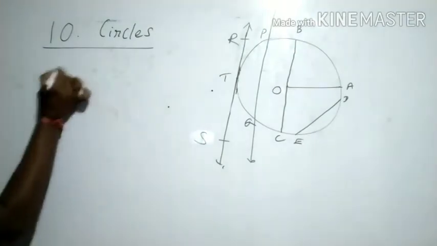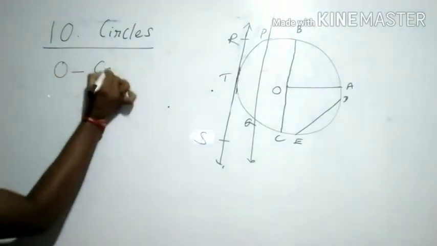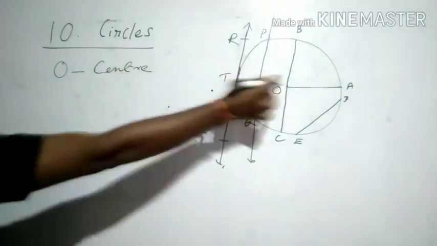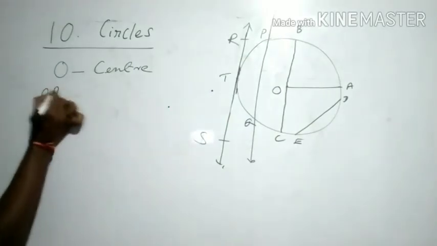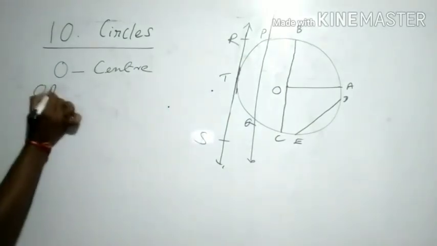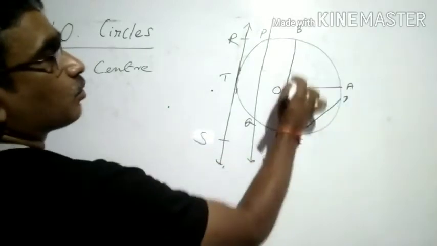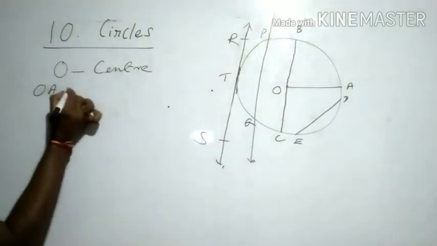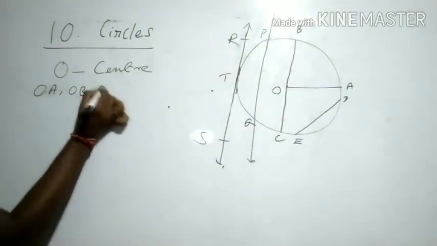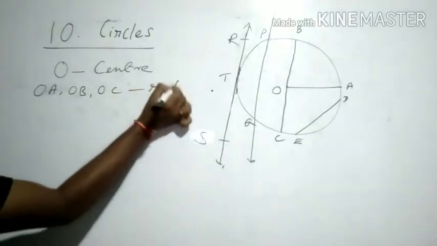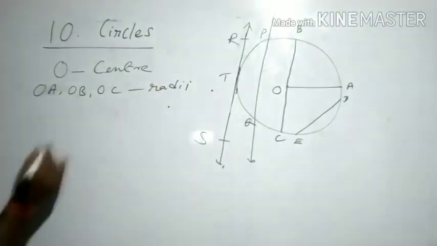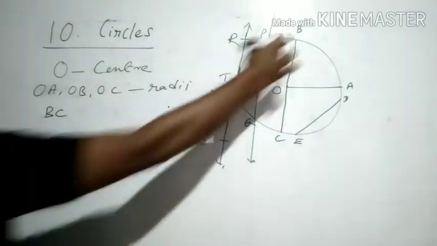Okay, see, O is the center. The radius, OA. OA is a radius, OB is a radius, OC is a radius. OA, OB, OC are radii. So what is a diameter? BC is a diameter.